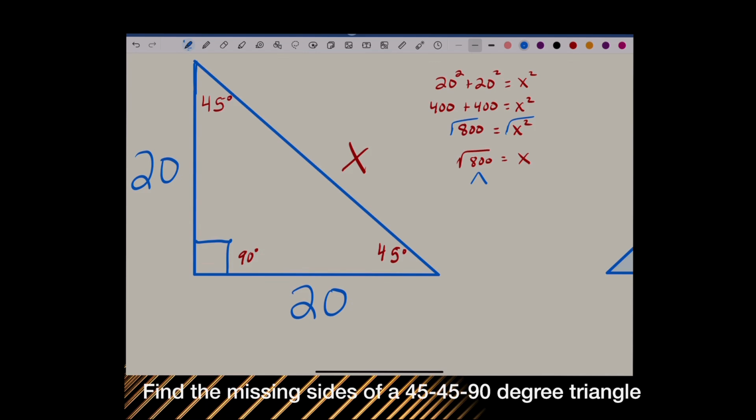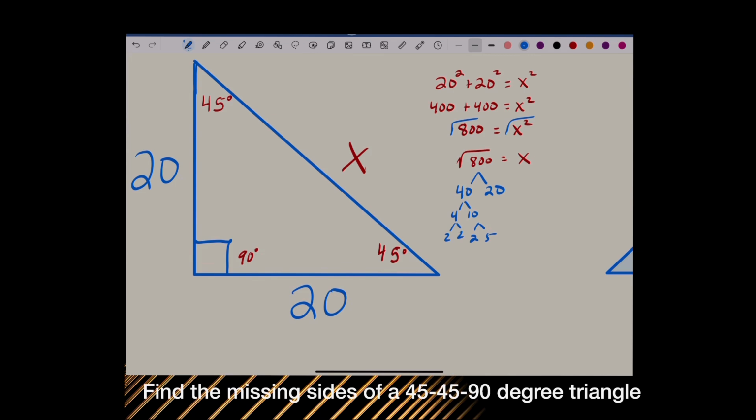Well, we know that it's 400, right? So 400 is going to be 40 times 20, right? 40 is 4 times 10. 4 is 2 times 2, and 10 is 2 times 5.